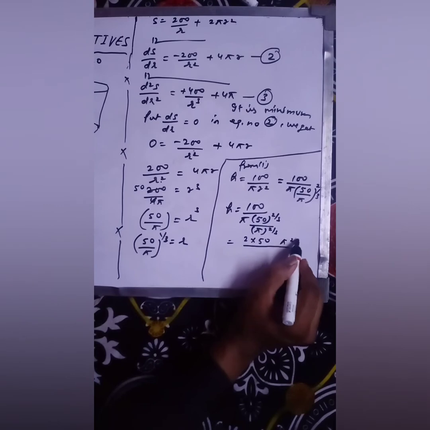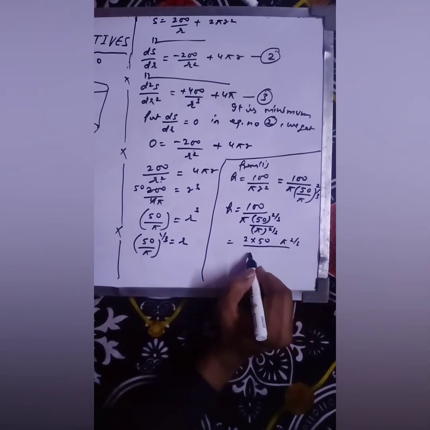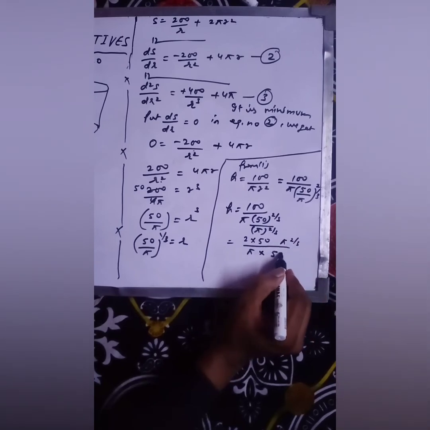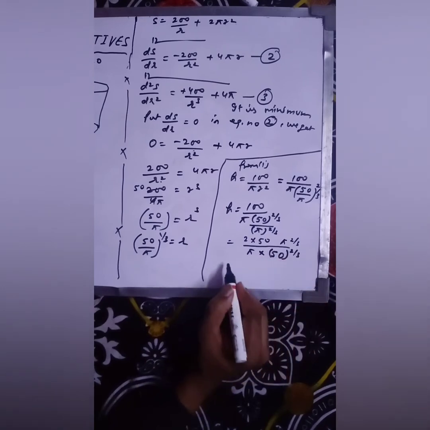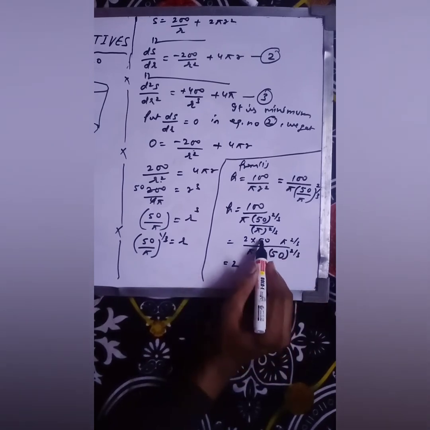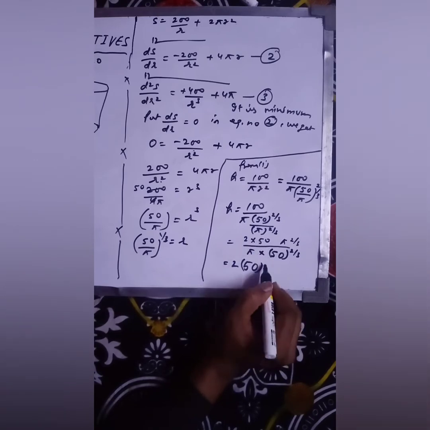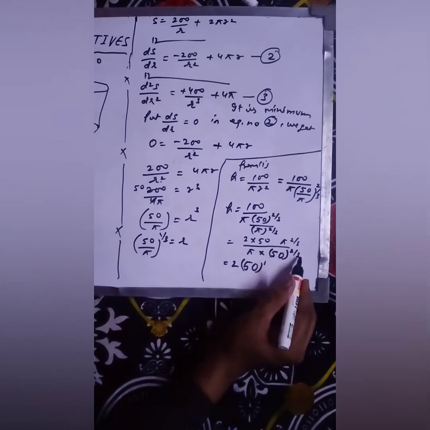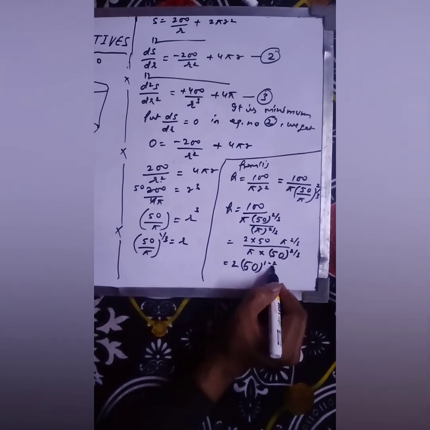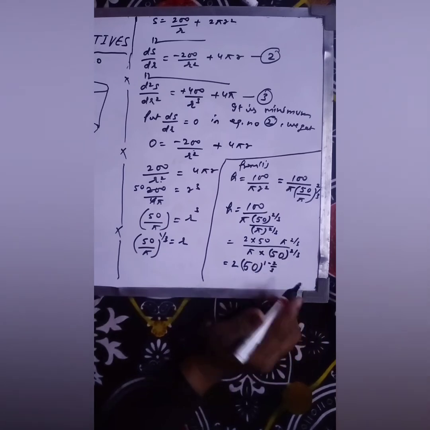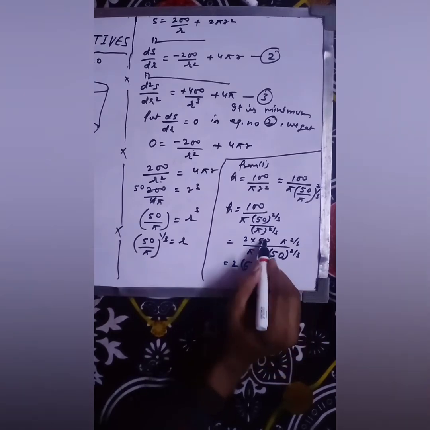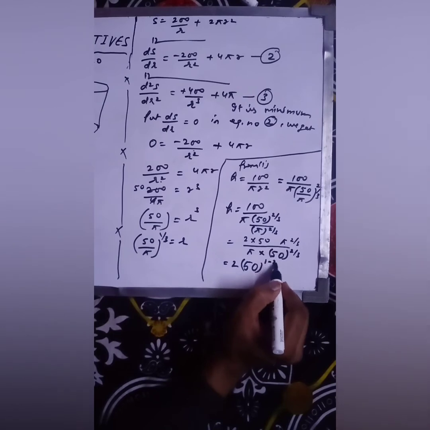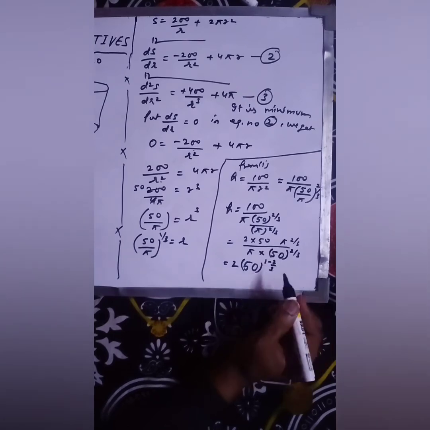This 2 will be outside, and here is 50 raised to the power 1, and 2 by 3 is in the denominator, so you have to subtract the powers, minus 2 by 3, if the base is the same. Similarly, pi is in the numerator, so it is pi raised to power 1 minus 2 by 3.